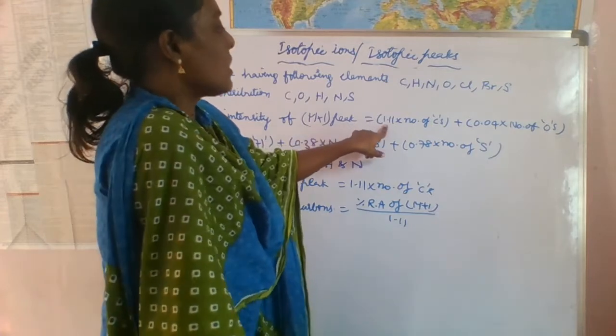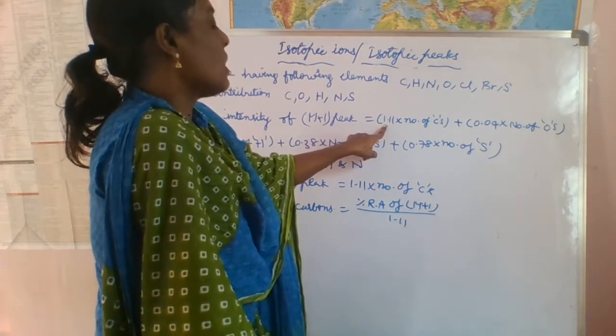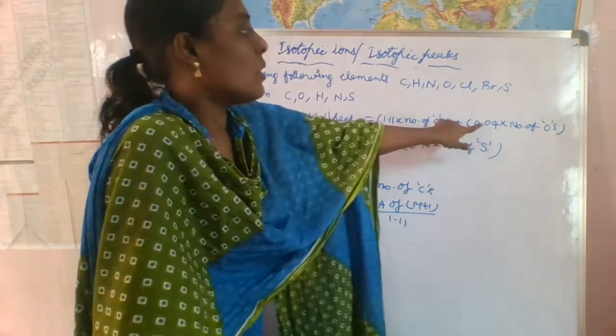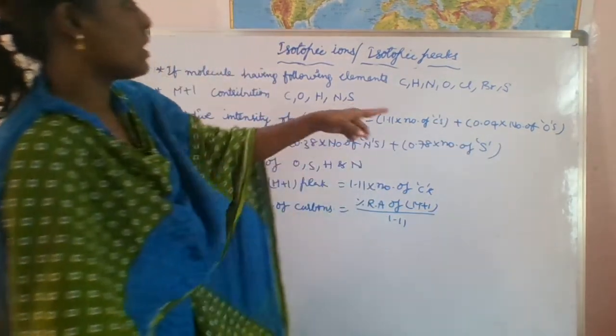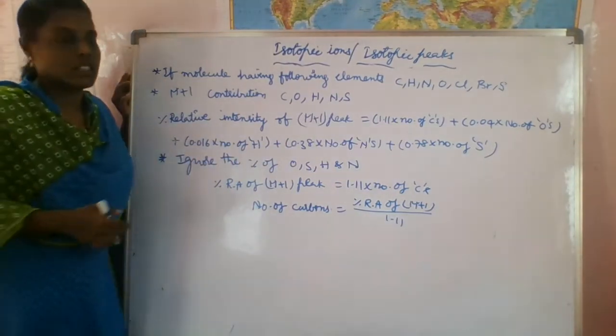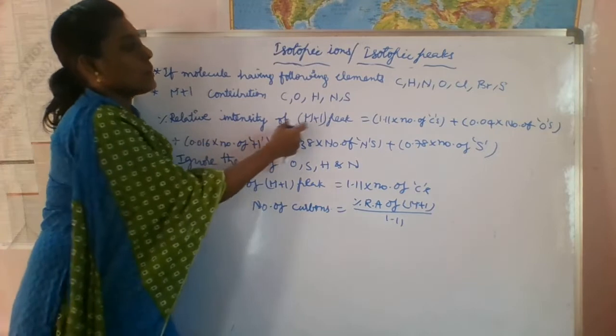So here C13 is 1.1. And what about oxygen? 0.04 into the number of oxygens. Then we can calculate the percentage of the M plus 1 peak.